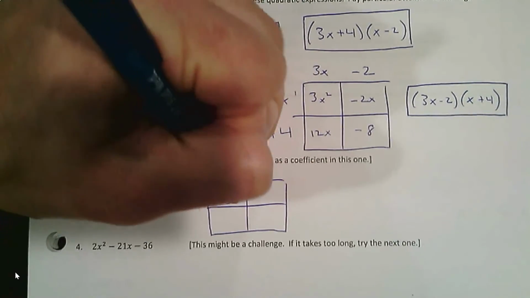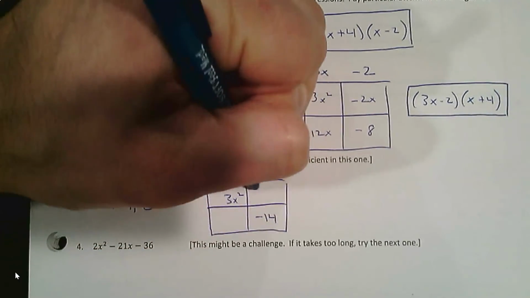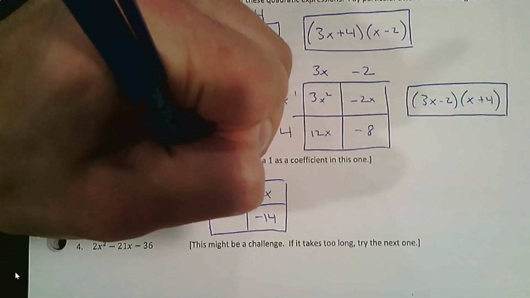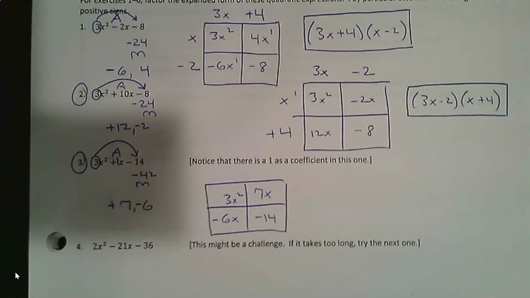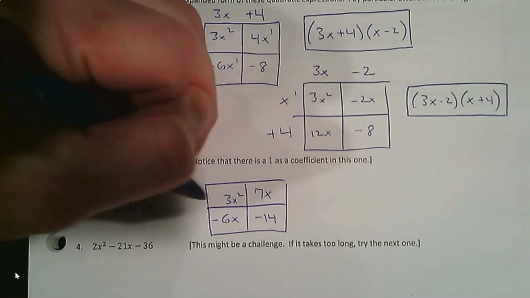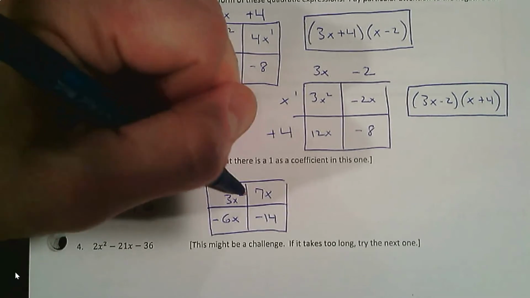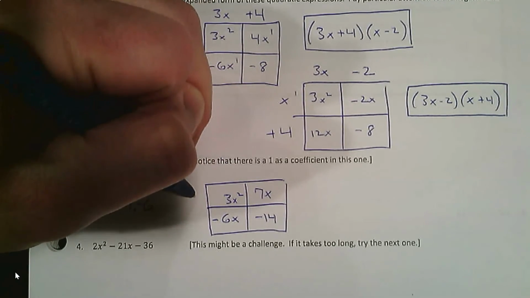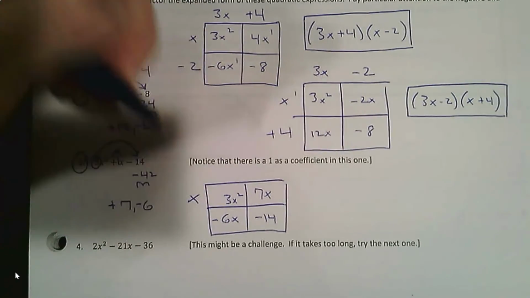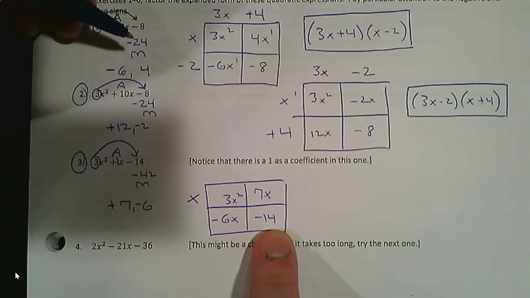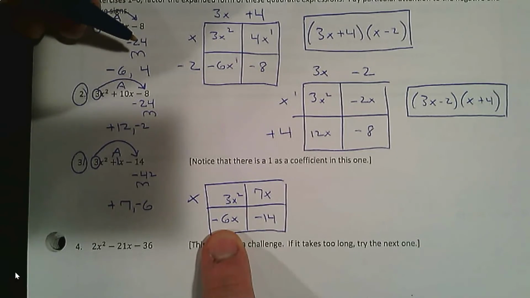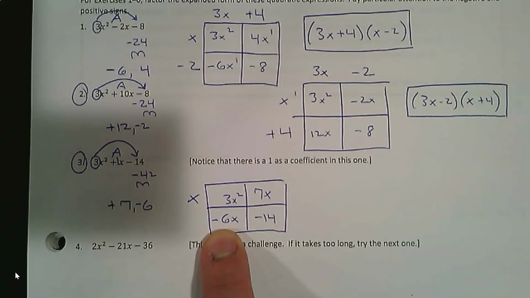We have 3x squared minus 14 plus 7x minus 6x. 7 and 3, they don't have a common factor other than 1. X squared and x. 6, 14 is not divisible by 6. 3 is also a factor. 14 is not divisible by 3, so 2.